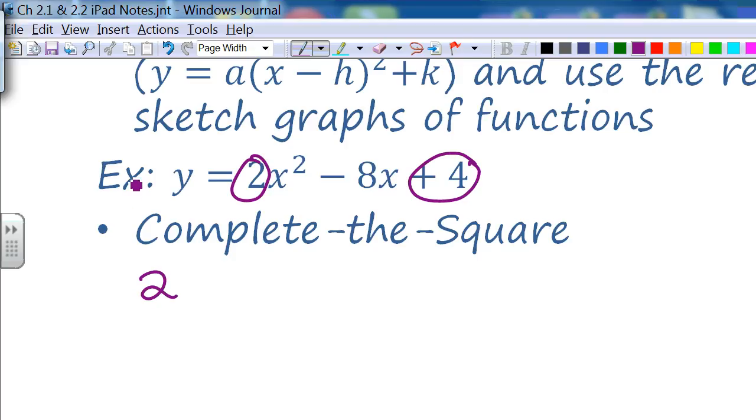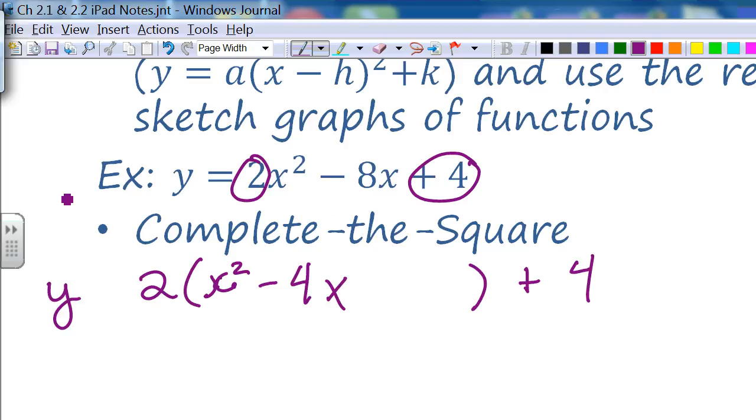I have 2 times x squared minus 4x, and where I said I was going to break out the 4 and move it down, this is what y is equal to. Now all I have to do is complete the square. Remember, when you complete the square, you take your x term's coefficient and divide it by 2.